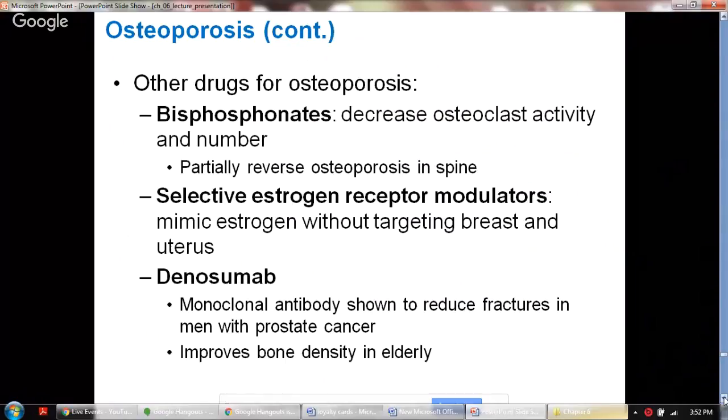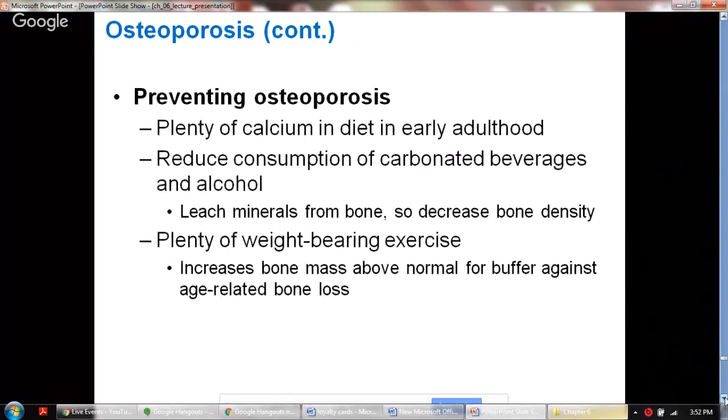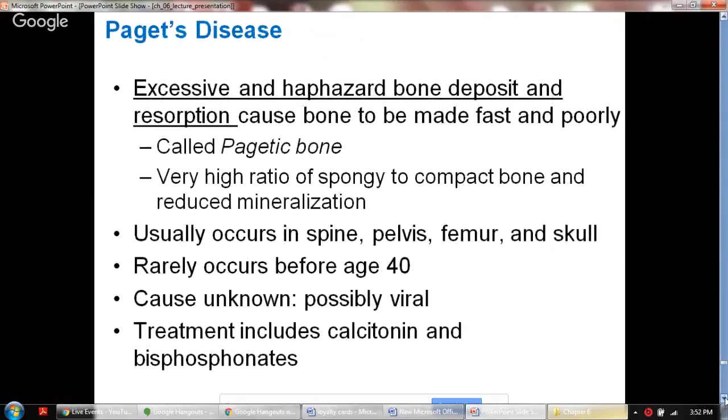And denosumab, which is a monoclonal antibody shown to reduce fractures in men with prostate cancer. And prevention would be plenty of calcium in the diet in early adulthood, reduced consumption of carbonated beverages and alcohol, and plenty of weight-bearing exercises.